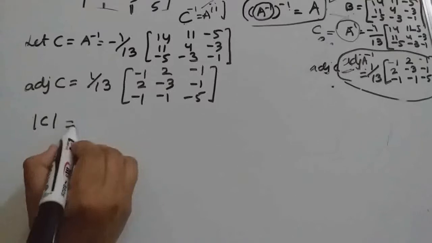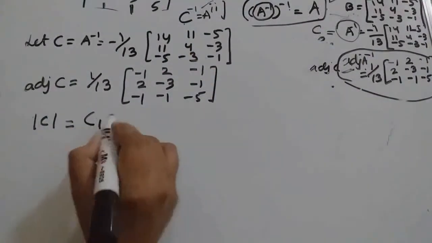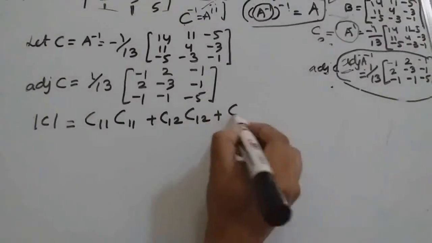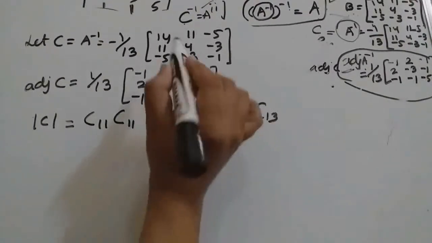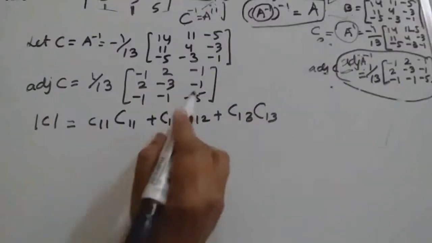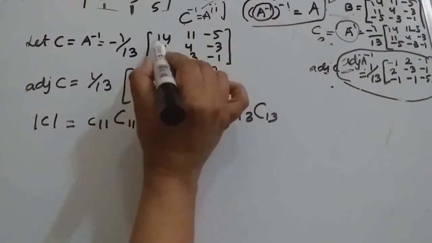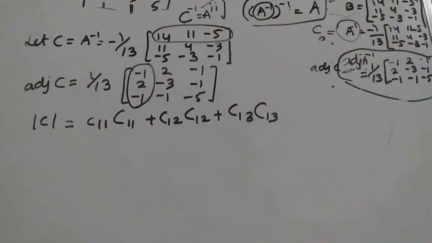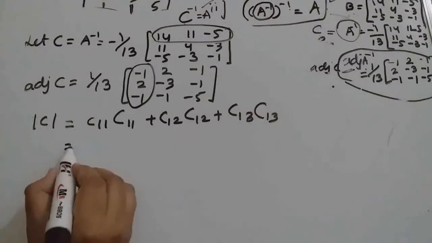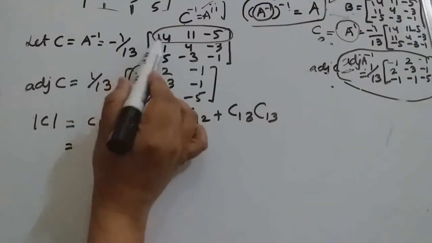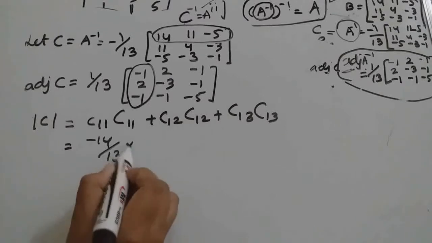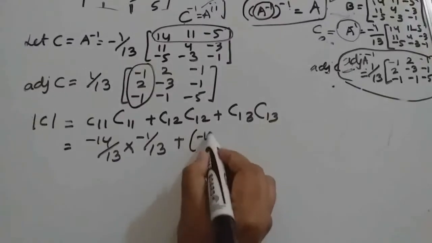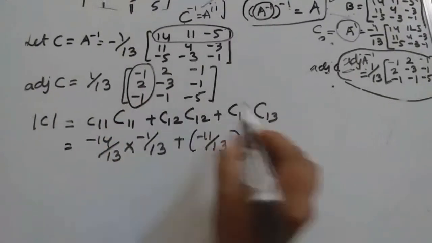So to find determinant C, that means small c11, using cofactors we can find. Okay, small c and capital C. So for that, this will be the element and this the cofactor element. So minus 14 by 13 into minus 1 by 13. C12 means minus 11 by 13 into 2 by 13.